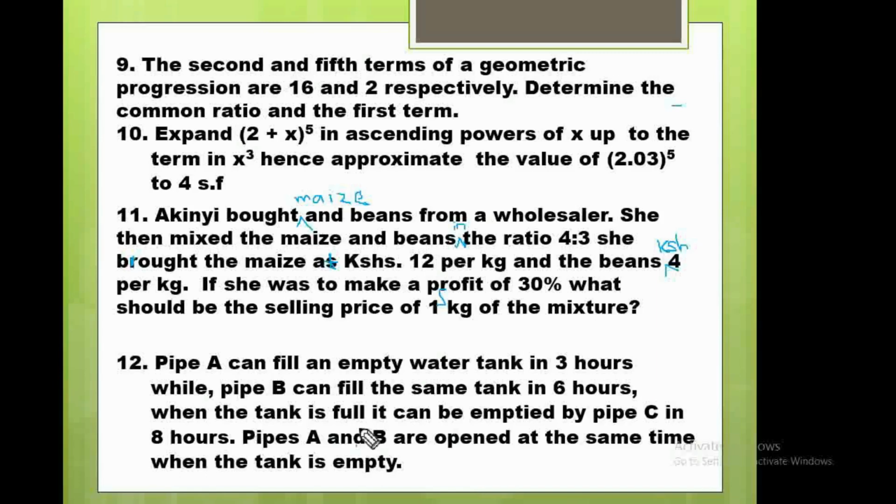When the tank is full, it can be emptied by pipe C in 8 hours. Pipes A and B are opened at the same time when the tank is empty. If 1 hour later pipe C is opened, find the total time taken to fill the tank.